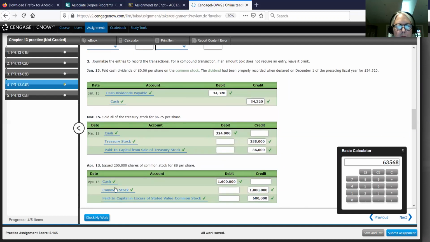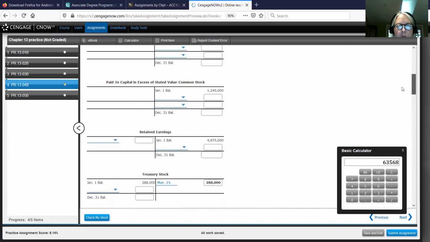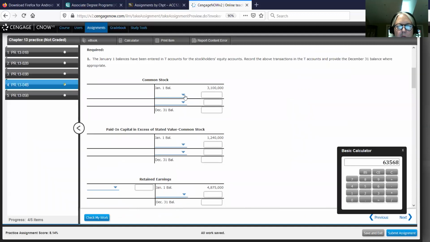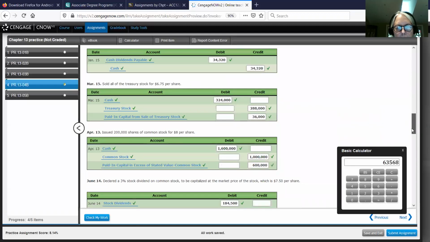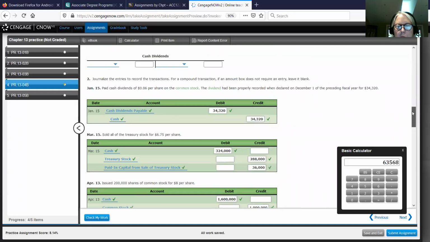On the next transaction, there is no cash account to post to, but there is common stock. Notice we credited common stock for $1 million. So our common stock account would be credited for $1 million, and I'm going to have to look to see what date that was. The common stock account was credited for $1 million on April the 13th.